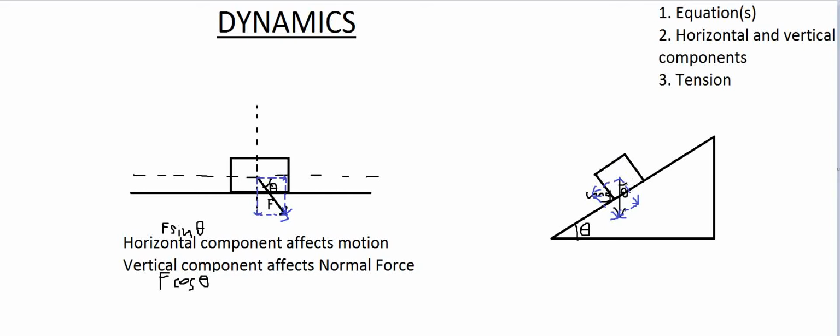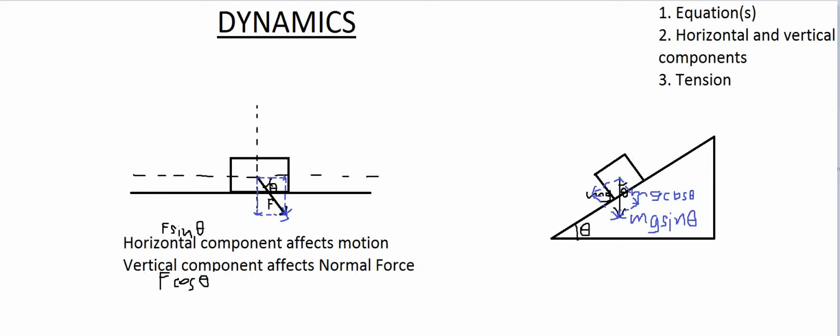Using trigo, the normal force is mg cosine theta, and this part is mg sine theta.